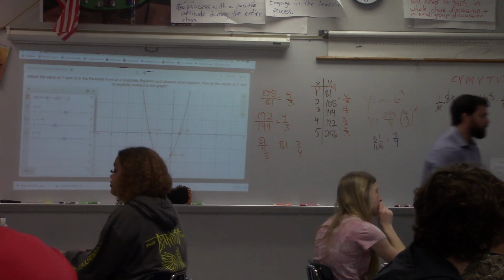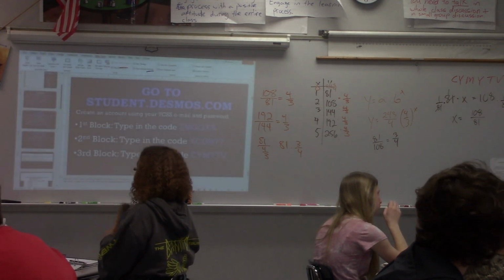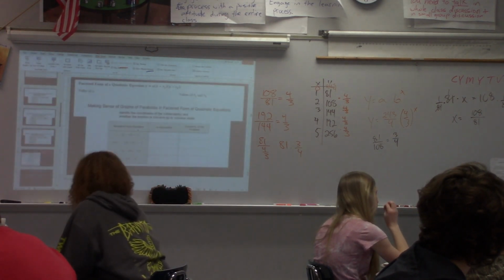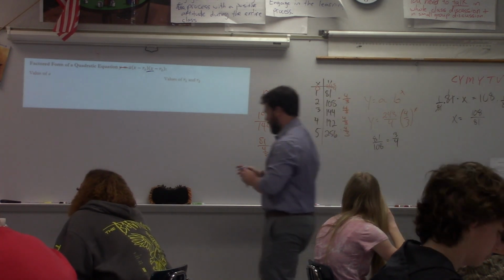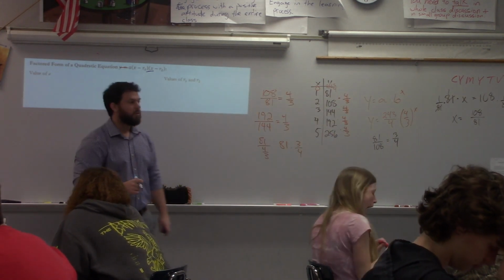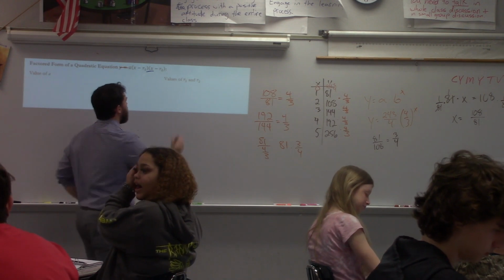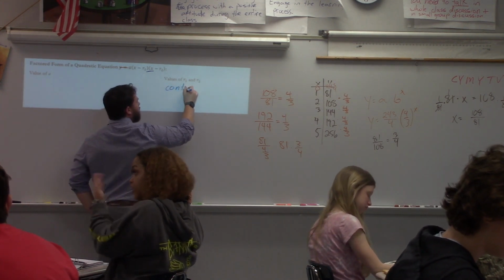So what should we be writing here about the values of R1 and R2? So they're controlling the x-intercepts.